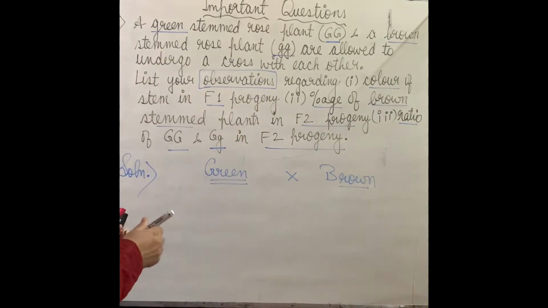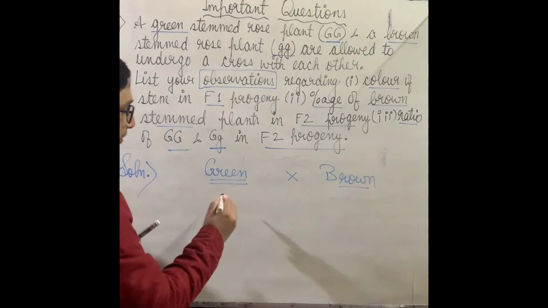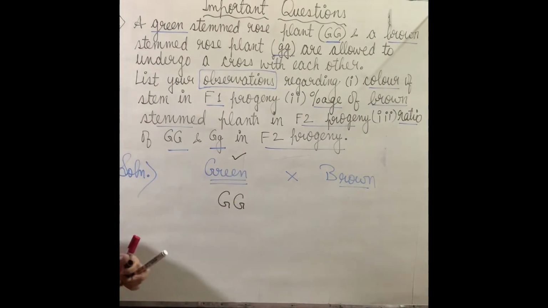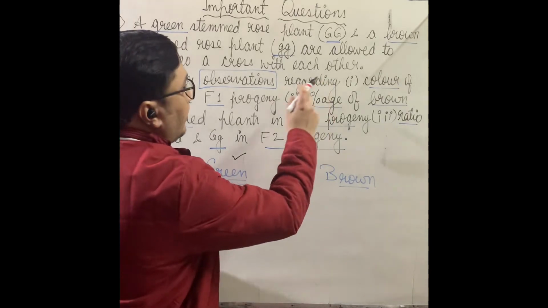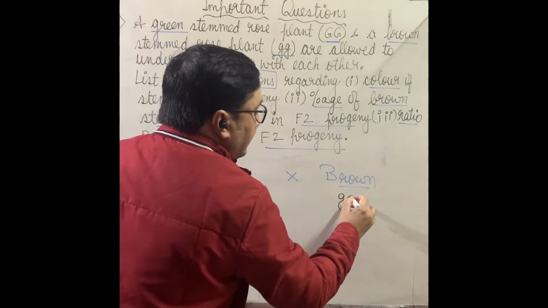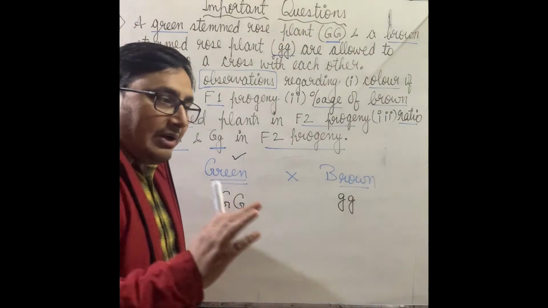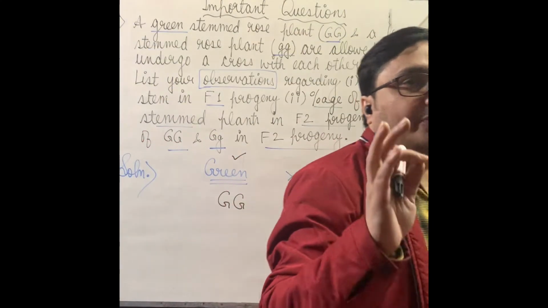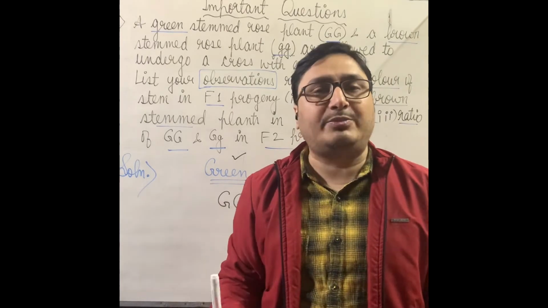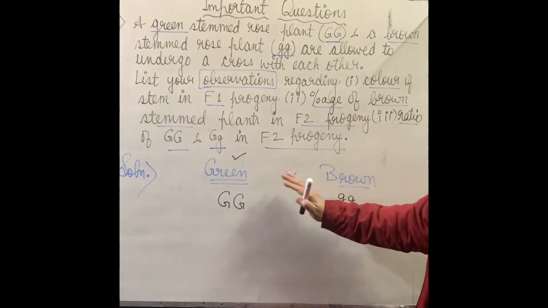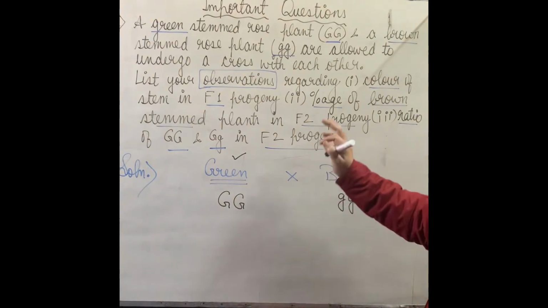It is written that the genotype of green is capital G. That means green is the dominant trait. And for brown it's given small g. That means brown is the recessive trait. Now if you have understood Mendel's laws of inheritance and monohybrid cross, it is not difficult to answer this question. You don't need to show the working also. You can straight away say the answer.